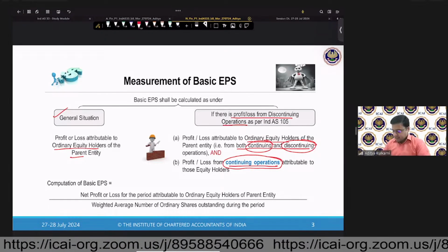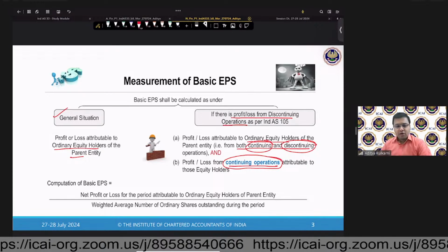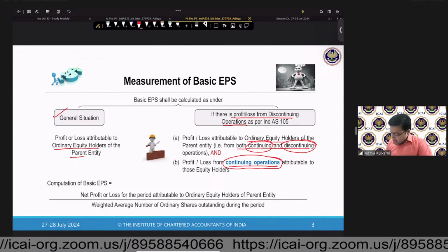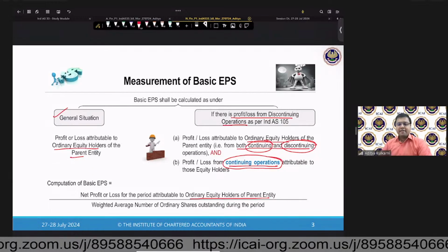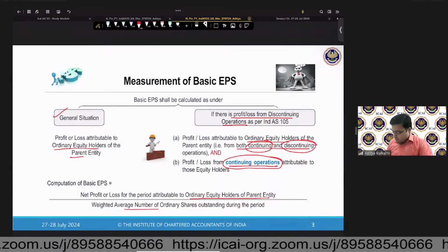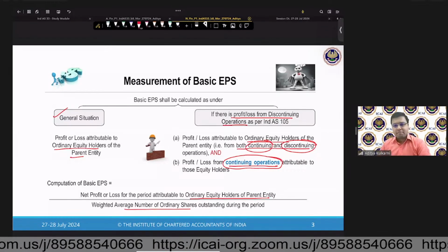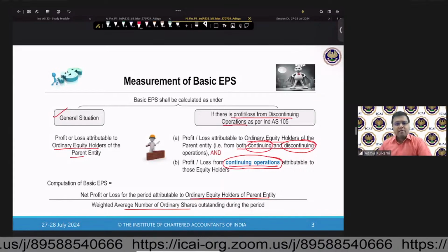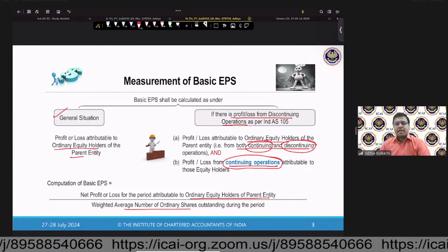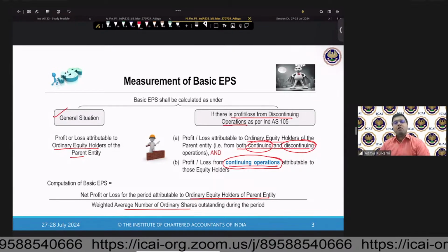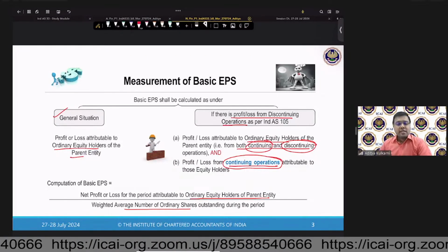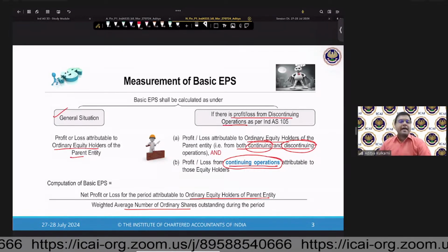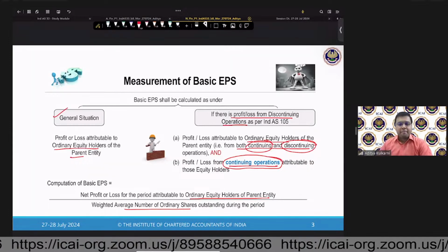So your basic EPS is going to be net profit or loss for the period attributable to ordinary equity holders of the parent entity, divided by weighted average number of ordinary shares outstanding during the period. Always remember, when we are computing earnings per share, it is from the perspective of that category of equity shares which are subordinate to all other categories of shares in your capital structure.